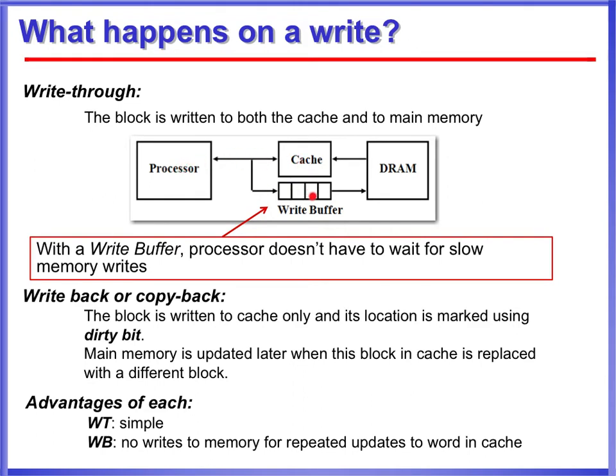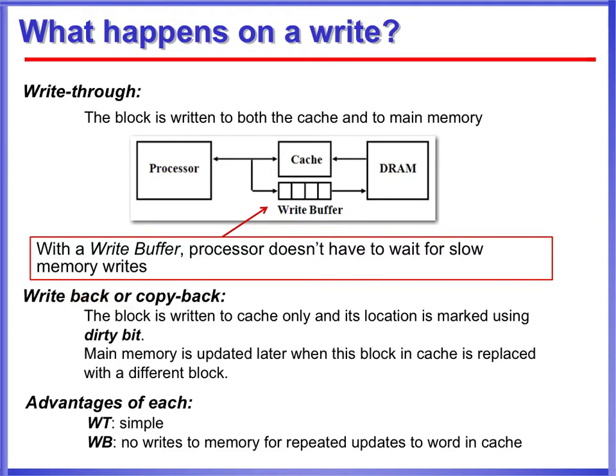You also stick it in this buffer, and you tell the memory controller, when you've got time, write this to that address in the main memory. And then the processor goes off and does the next thing it needs to do. Okay, so it sticks it in this buffer, and the processor forgets about it, and the memory controller takes care of it now, and at some appropriate time, it'll write it into here, okay?